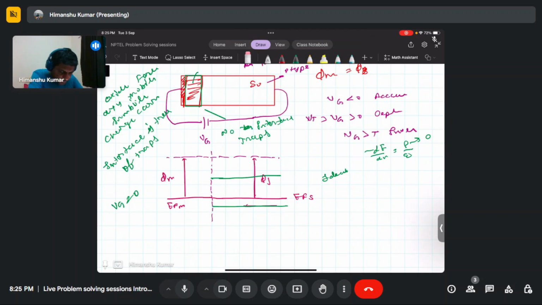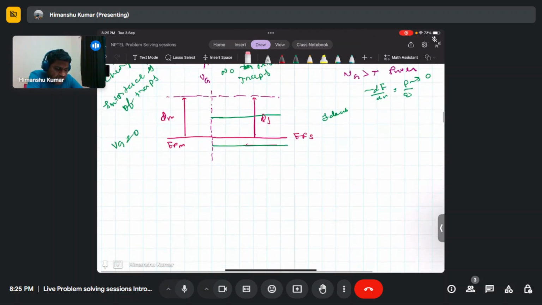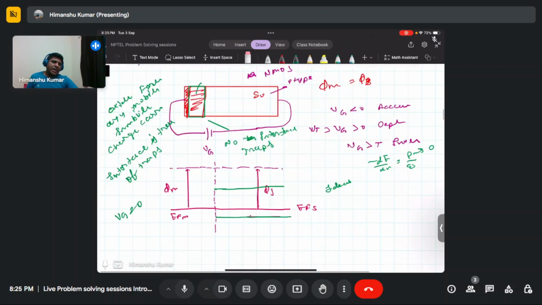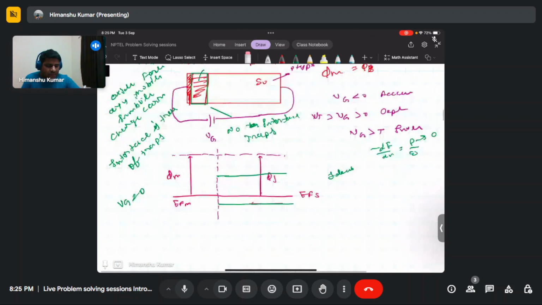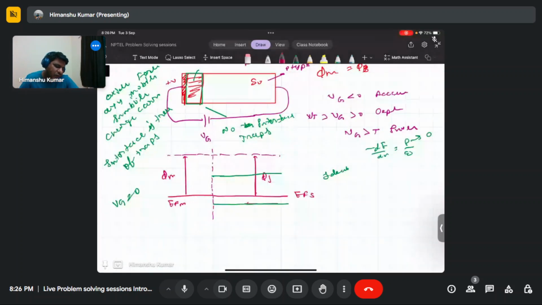So now what will happen if we apply the gate bias? If we apply a positive gate bias, the positive potential is there. Let's first apply the negative one.